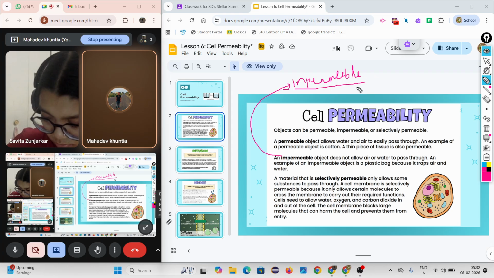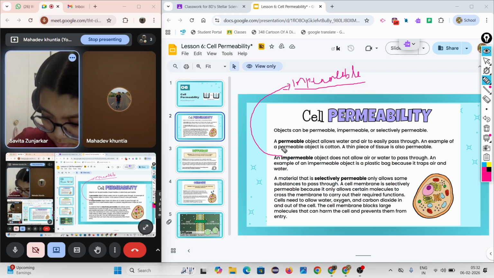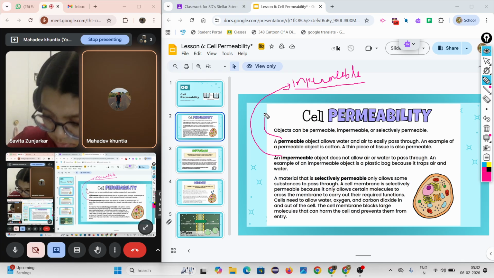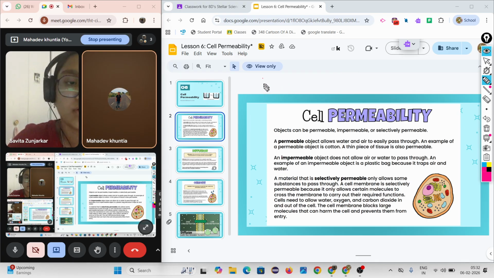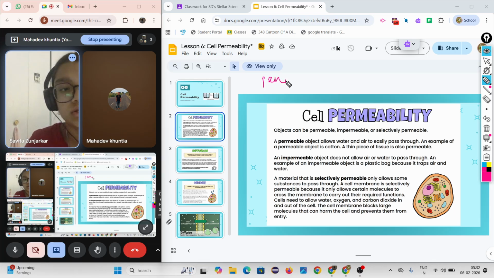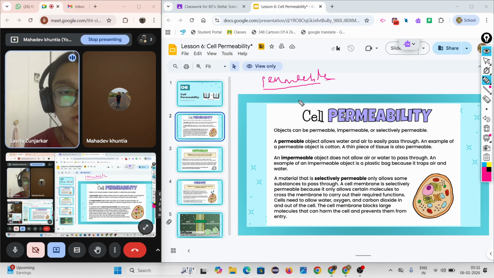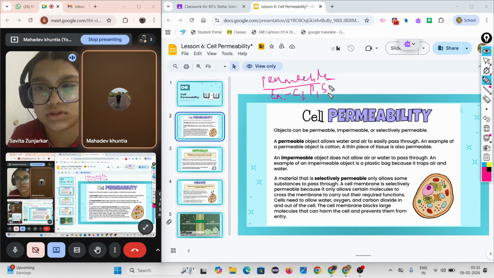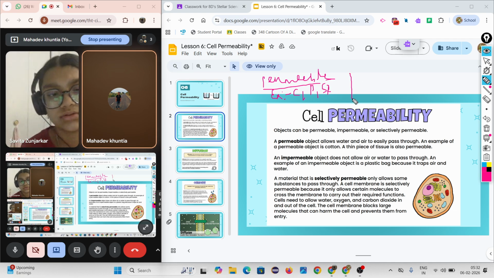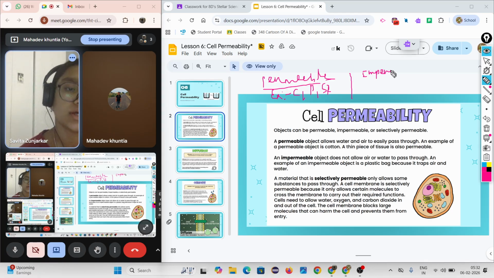Do you understand? Yes. Tell me what is the meaning of permeable? Permeable is basically an object which allows water or air to pass through. Examples of permeable can be cotton, paper, sponge. Then impermeable is the opposite.